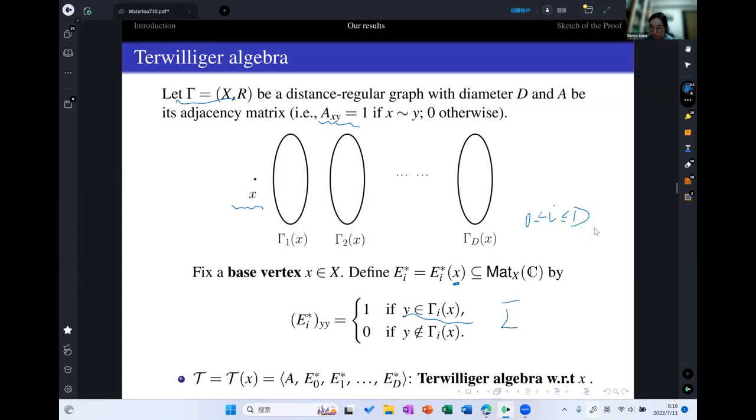For example, the Ei star looks like this, and here is gamma_i(x). Okay, then the matrix A and all of the Ei star generate an algebra. We call it the Terwilliger algebra with respect to x, and denote it by T.